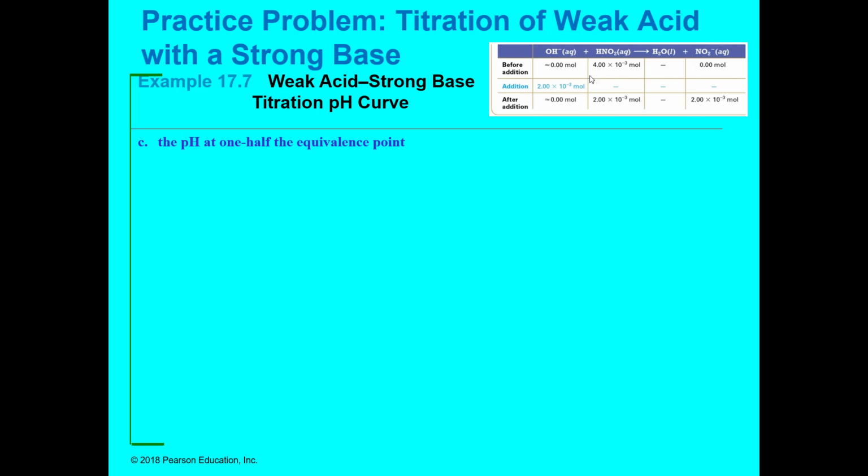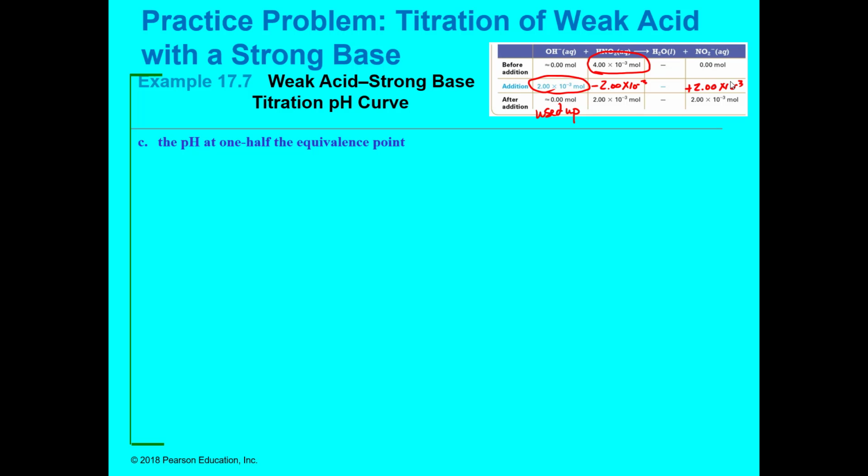So I have added that, and again, 4 times 10 to the minus 3 is higher than 2 times 10 to the minus 3. So I'm going to use that up. And I'm going to go down 2 and up 2 moles.